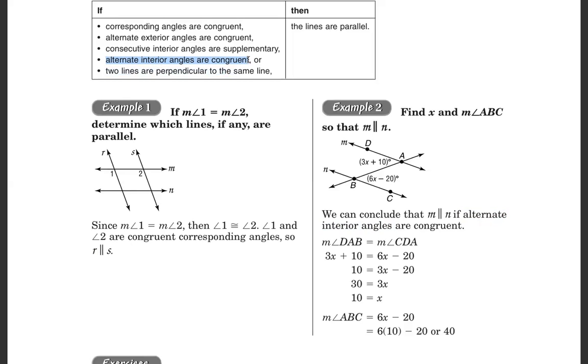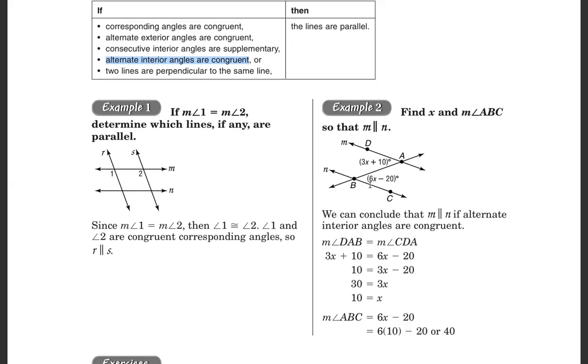Okay, so what is that x that would make them equal? What is that x that would make angle DAB and angle CBA equal? So therefore, we write the measurement of angle DAB, this one here, and the measurement of angle CBA, this is CBA.